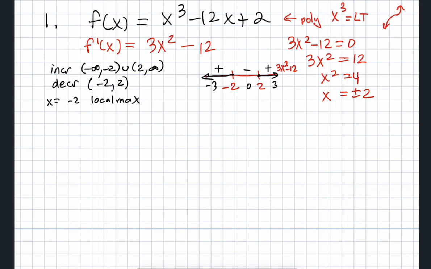So at +2, we have a local minimum. So our first derivative test is done. We know that the points -2 and +2 are really important. Okay. So now let's go and do the second derivative.